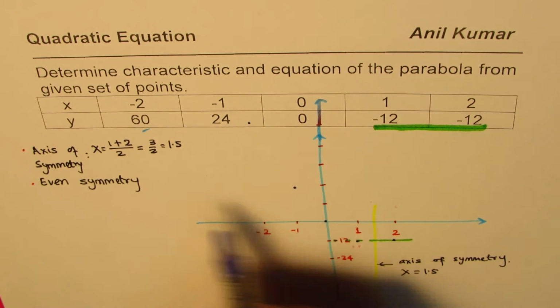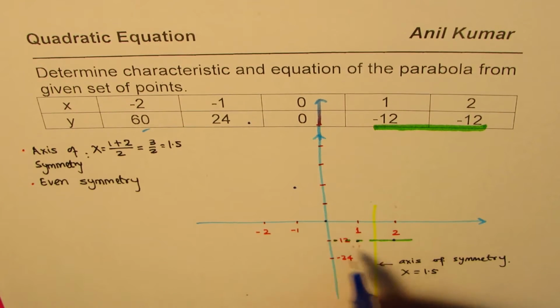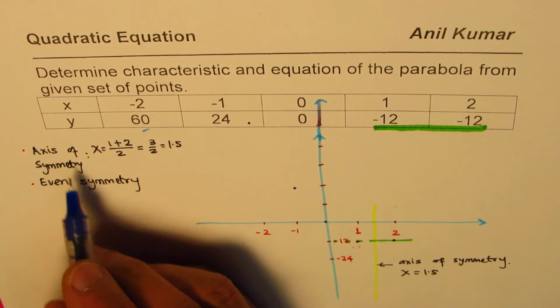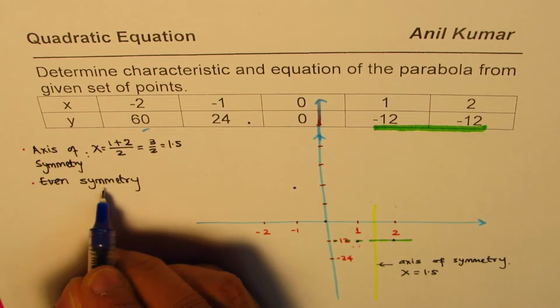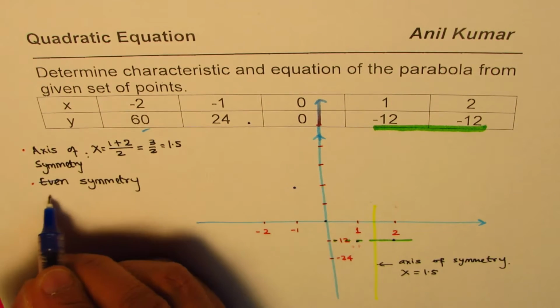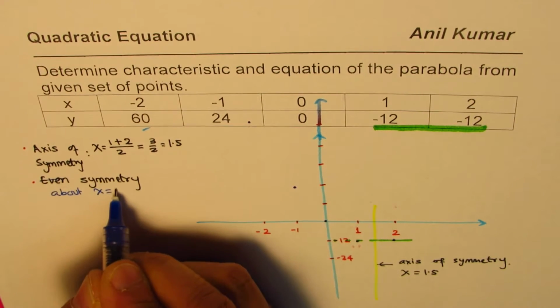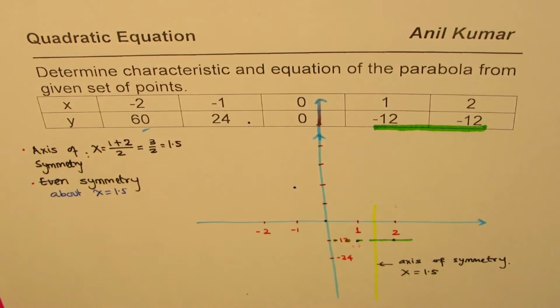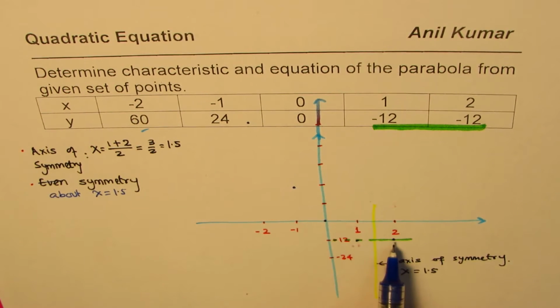No, even symmetry means it is symmetric about the y-axis. Now it has moved. So in this case, I should not write even symmetry because it has moved. It is symmetry about x equals 1.5, since that is the axis of symmetry. So that really means that points get reflected.